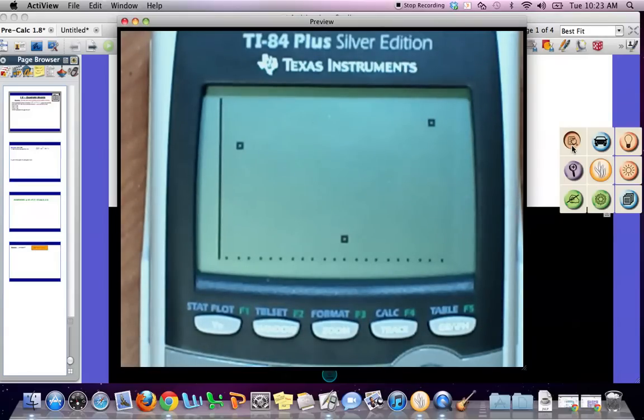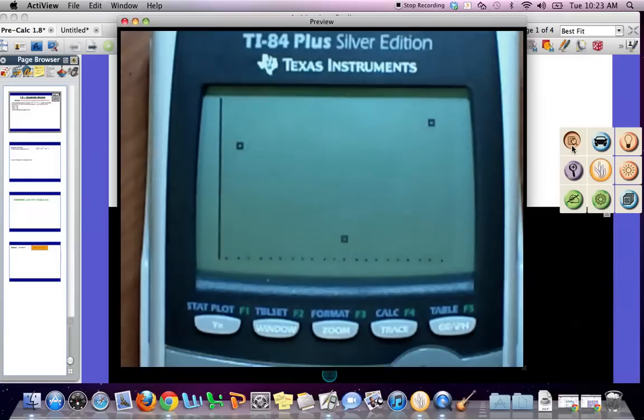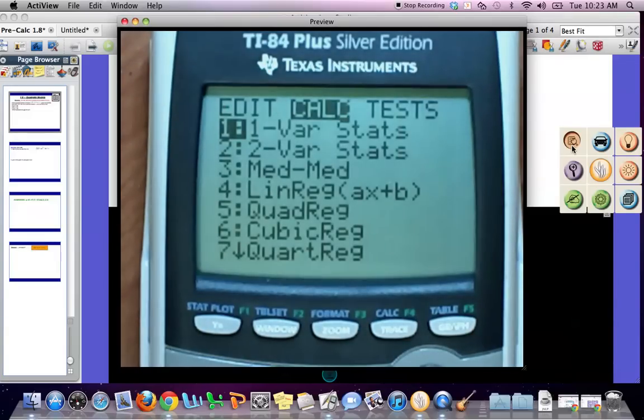I hope it looks to you that that does not appear to be a line, right? Let's find the parabola that fits that using technology. So we're going to go to Stat, Calc. And if you cruise down a little ways, I think I showed you linear regression. We're going to do quadratic regression, which is number 5.